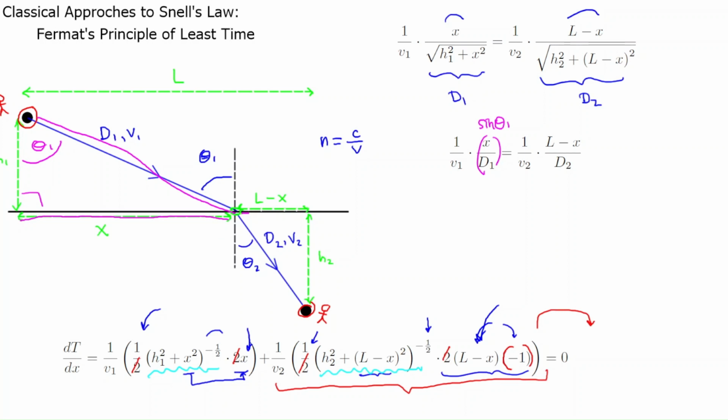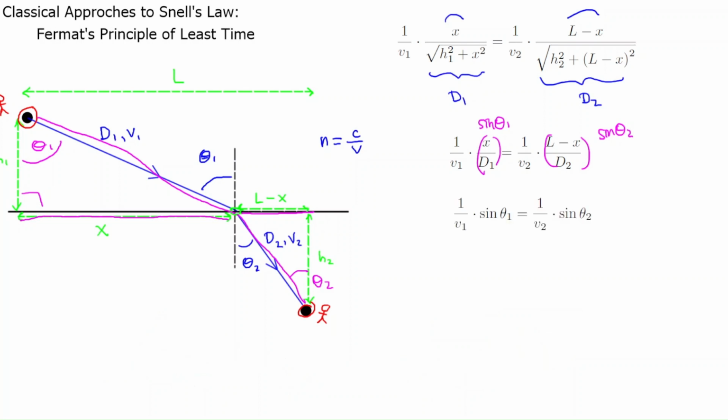And L minus x divided by d2 likewise is going to be the sine of theta 2. Let's clean that up, so we've written that in terms of the sines.